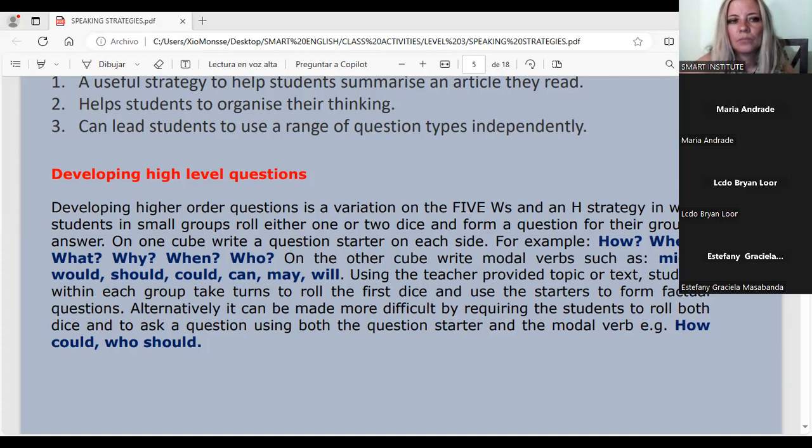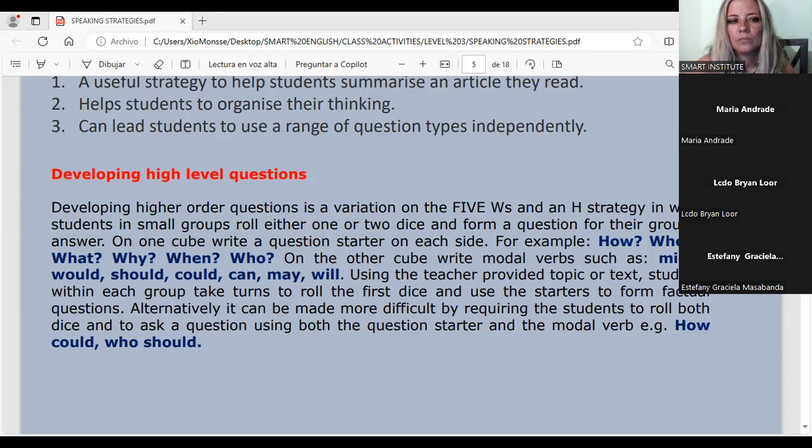On one cube, write a question starter on each side. For example, how, where, what, why, when, who. On the other cube, write a modal verb such as might, would, should, could, can, may, will, using the teacher-provided topic or text.